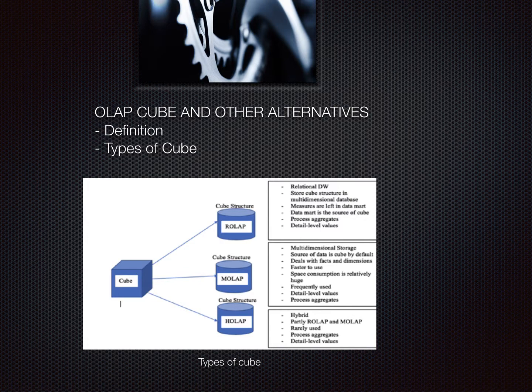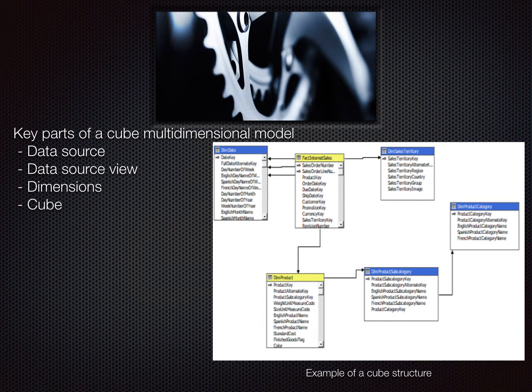The next key thing I want to look at is the key component parts of a multi-dimensional model. You have the data source view, dimensions, and cubes. The data source typically is the source where the data is being taken from into being brought into the data model.